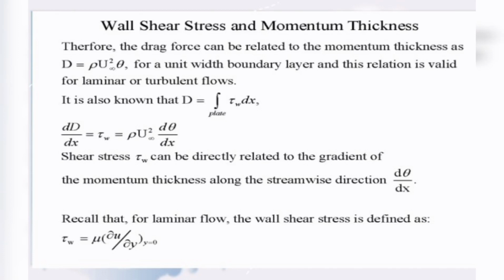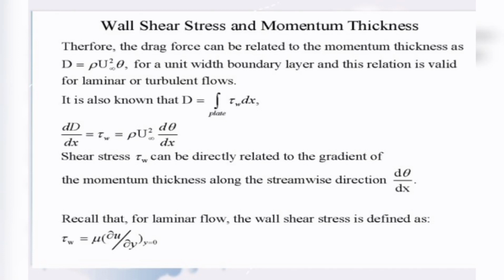It is known that D is equal to the integral of tau w dx. The stress tau w can be directly related to the gradient of the momentum thickness along the streamwise direction.